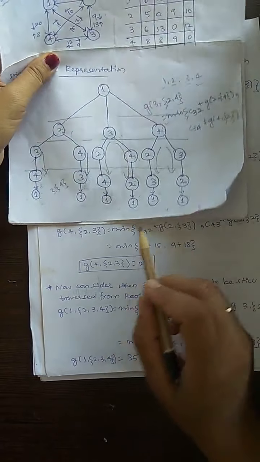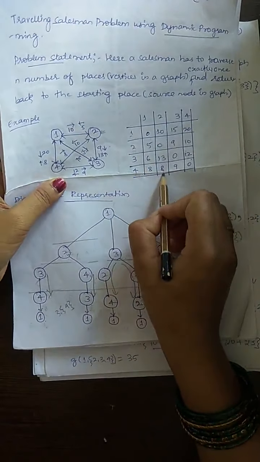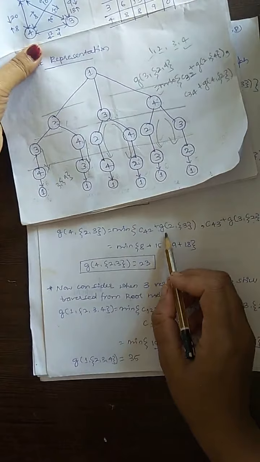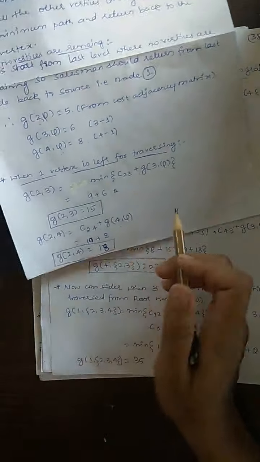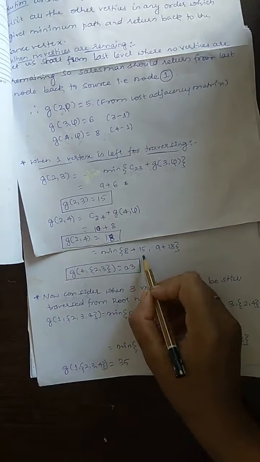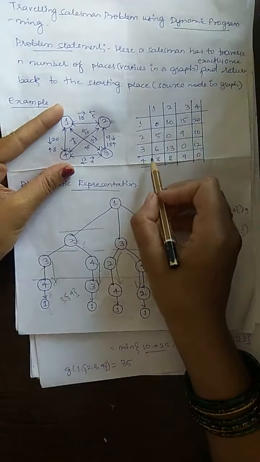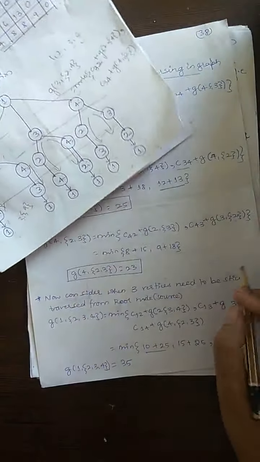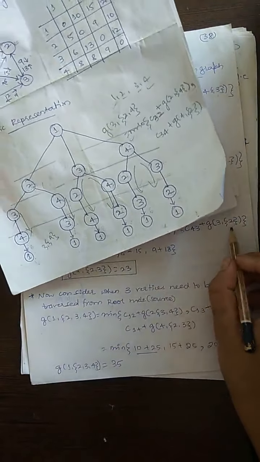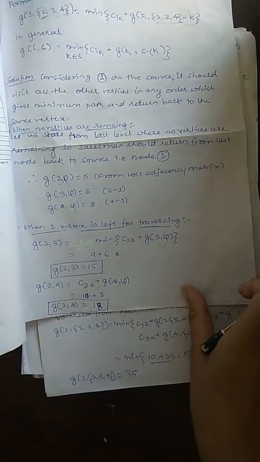So 4 to 2, what is 4 to 2? 4 to 2 is 8 plus G of 2 comma 3. So 2 comma 3 is 15 here. So I have got here 15. Next, 4 to 3. So 4 to 3 is 9. 4 to 3 is 9 plus 3 to 2 here. So what is 3 to 2?